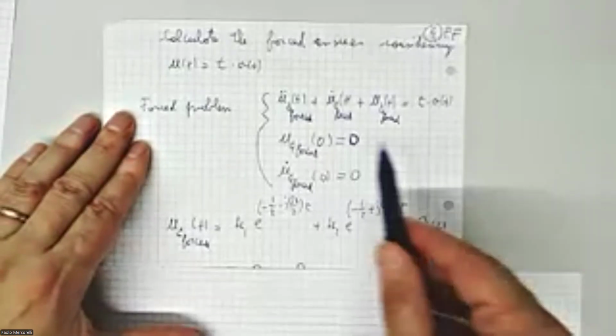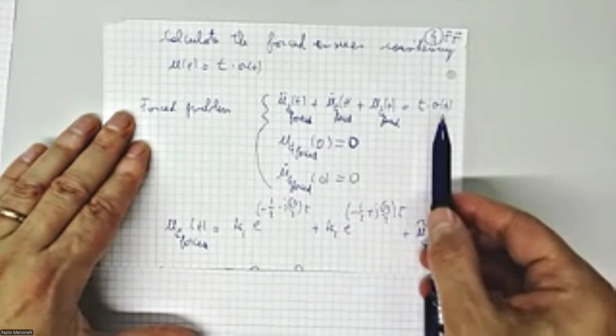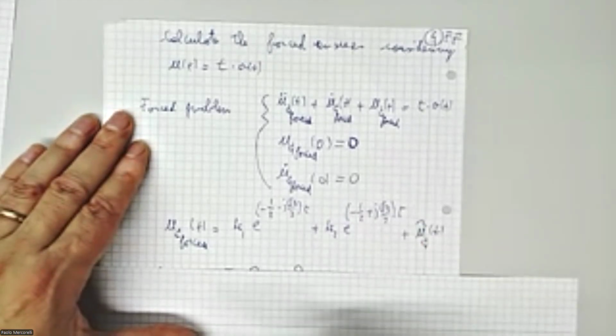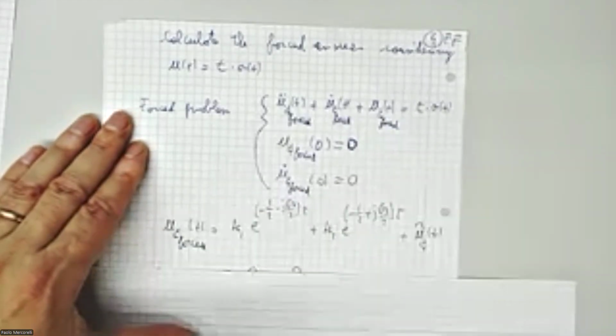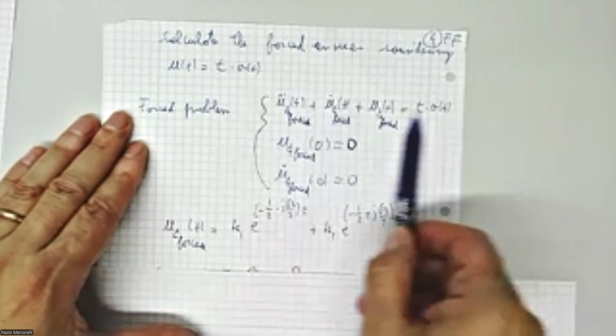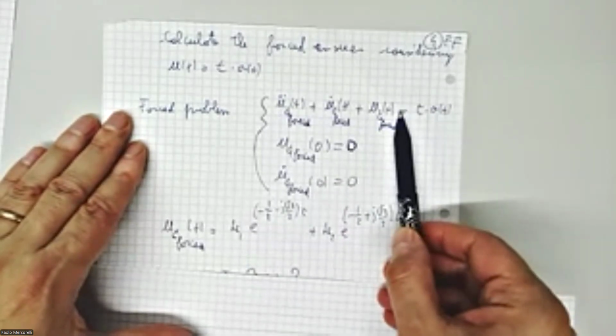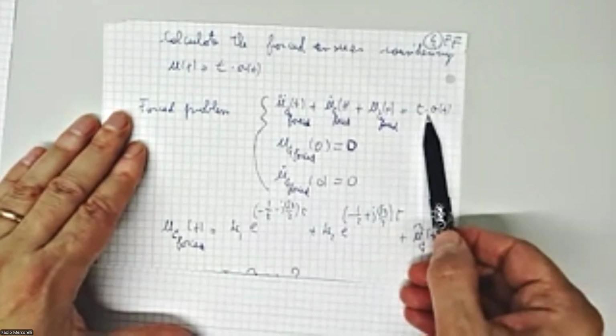I told you many times, basically, the problem of the forced answer consists of, if you look at this equation, roughly speaking, we can see that we have a free answer structure here, plus, in the algebraic sense, an input.